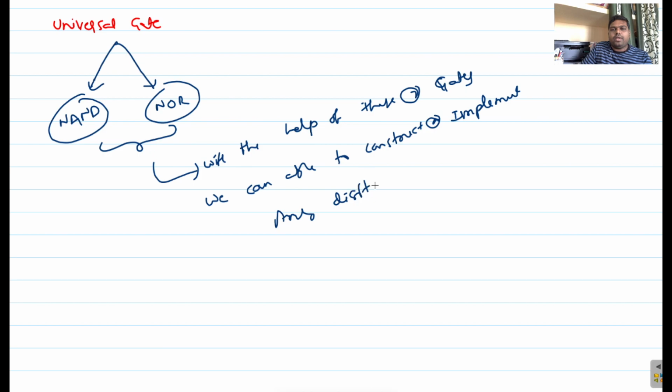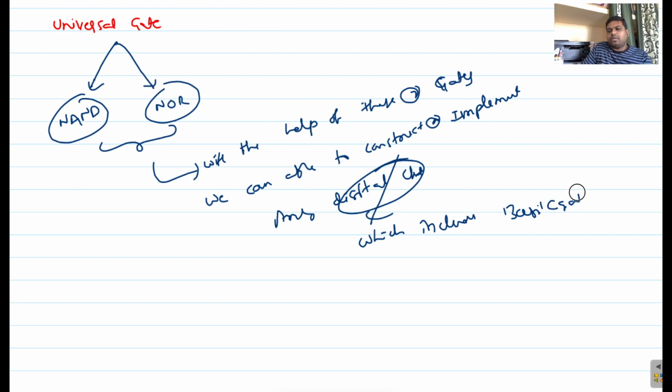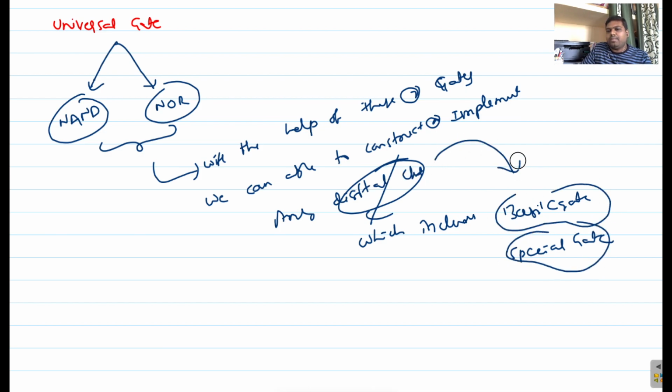Any digital circuit in the sense which includes basic gates and special gates. So digital circuit construction completely depends on these basic gates or special gates. So with the help of these universal gates, we can construct these two types of gates.